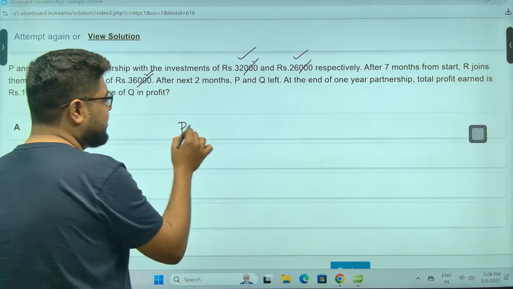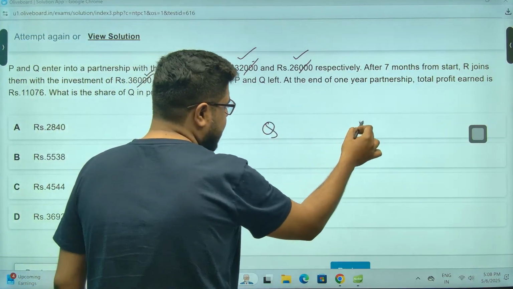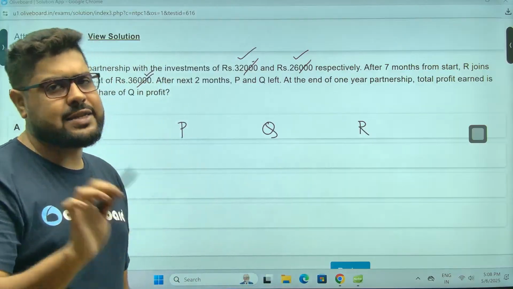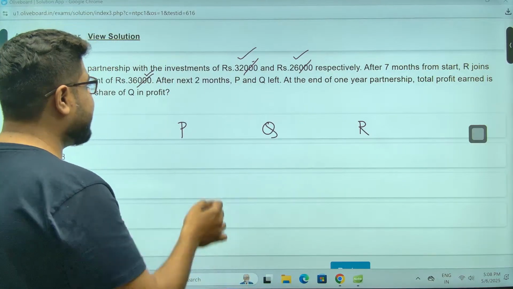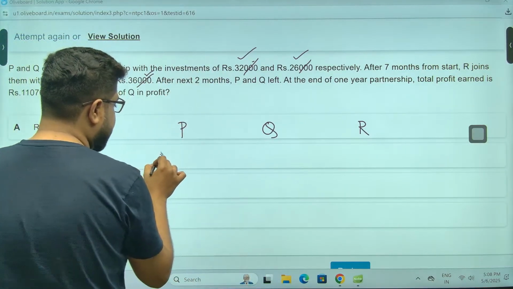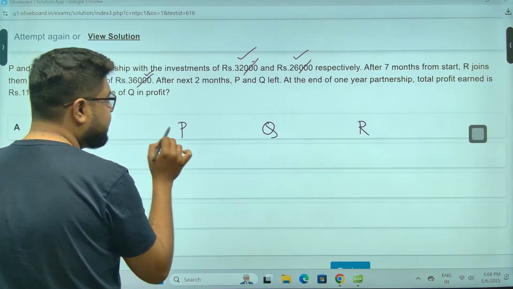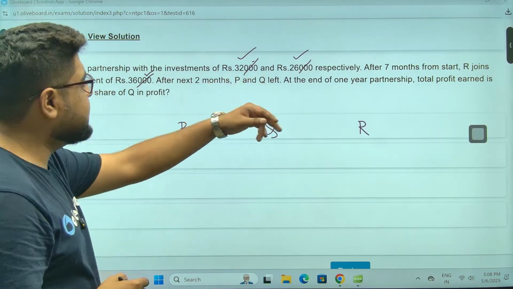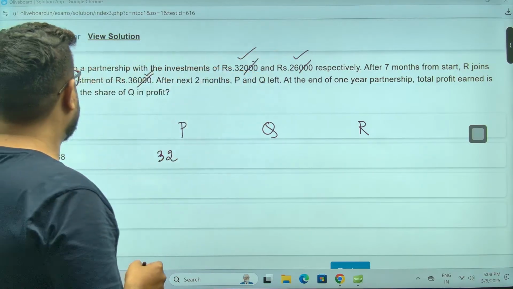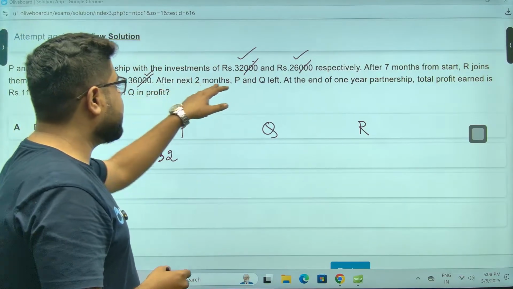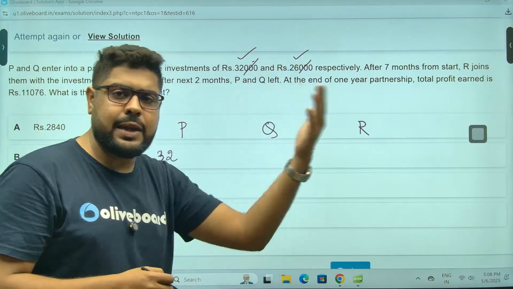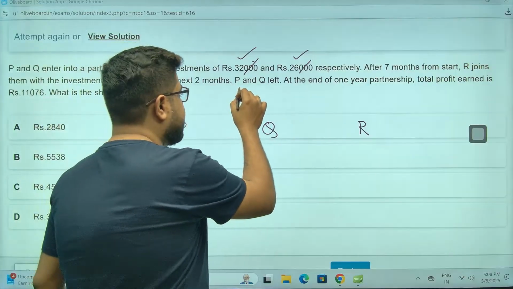Because I want to keep my calculations as bare minimum as possible. So P had invested 32. 7 months from the start, R joins, and after the next 2 months, meaning 7 plus 2, 9 months, P and Q left.